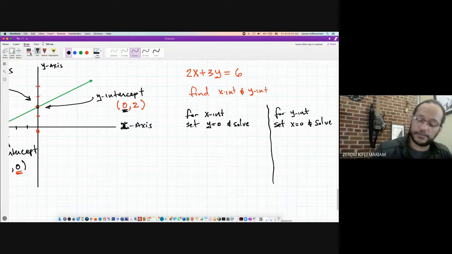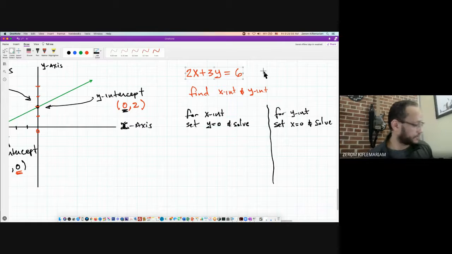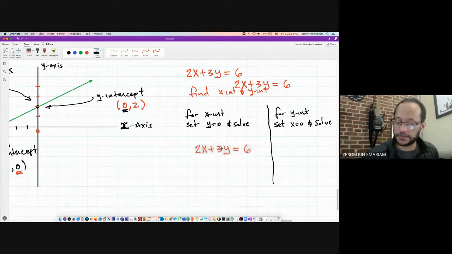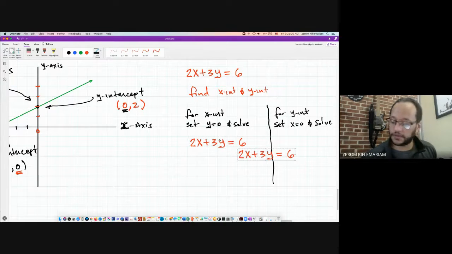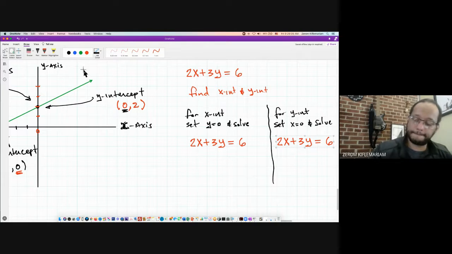I'm a little bit lazy, so let me copy and paste this. What do we say over here? Set y equal to 0, which means I'm not going to use this y over here. I'm not going to use the x over here.